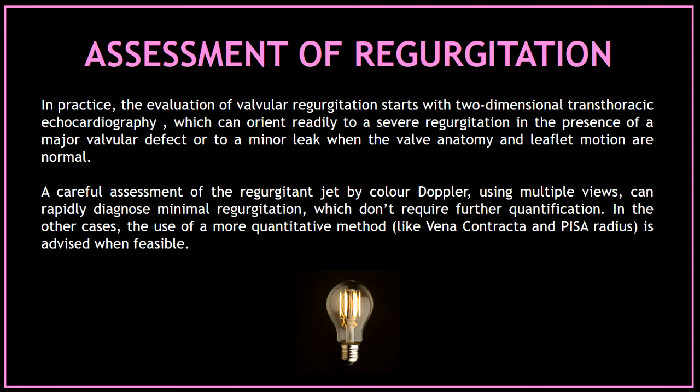A careful assessment of the regurgitant jet by color Doppler using multiple views can rapidly diagnose minimal regurgitation, which doesn't require further quantification. In the other cases, the use of a more quantitative method like vena contracta and PISA radius is advised when feasible.